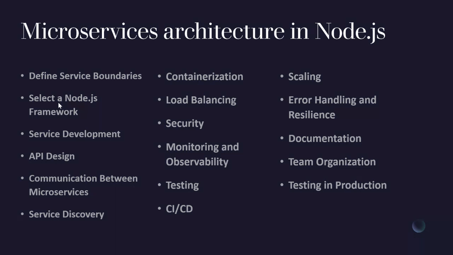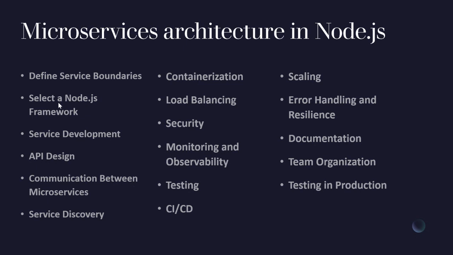So error handling is crucial. Documentation. You need to document each microservice's API, dependencies, and deployment instructions to facilitate collaboration among development teams and operation teams. That is very important.